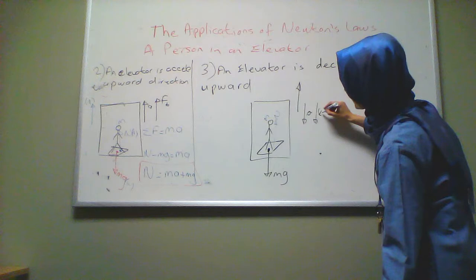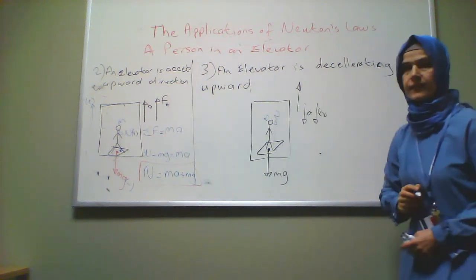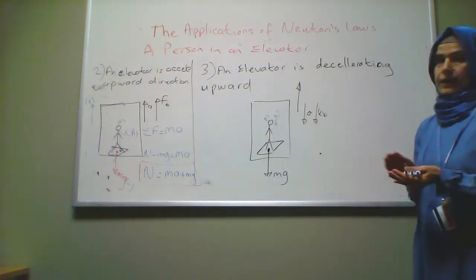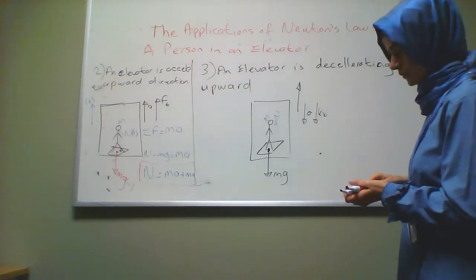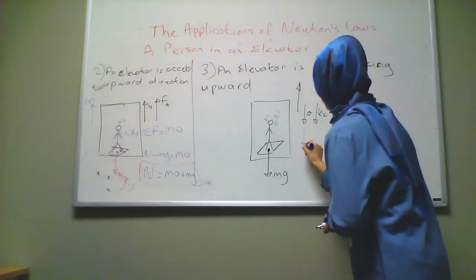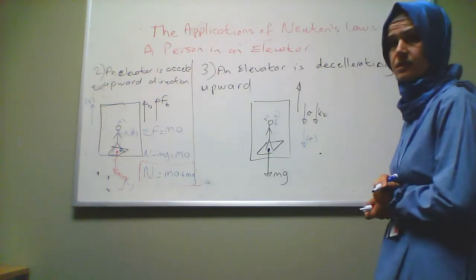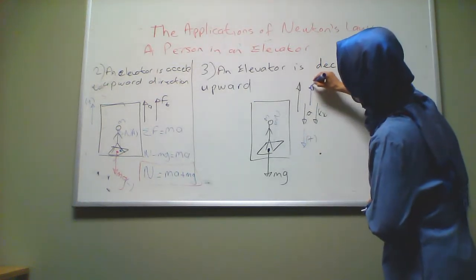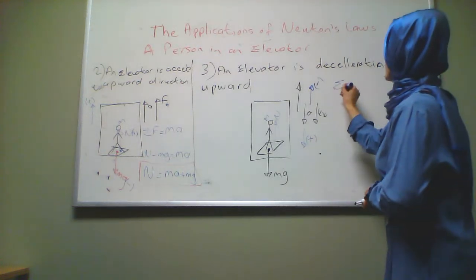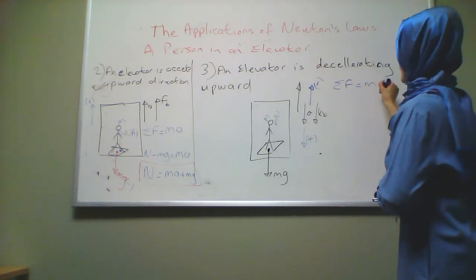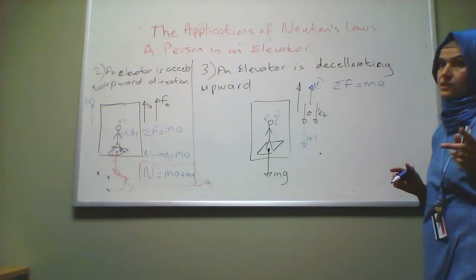F total, let's call this. And here, I always want to choose the total force direction to be my positive direction. So I'm choosing the downward direction to be positive in this case, and the upward direction to be negative. And I'm applying my Newton's law. Total force is equal to ma, and it's not zero, I have a deceleration.